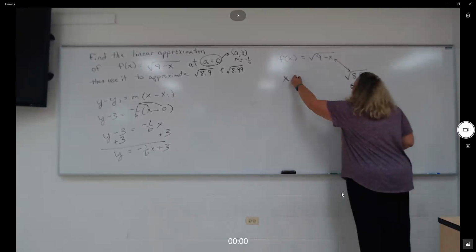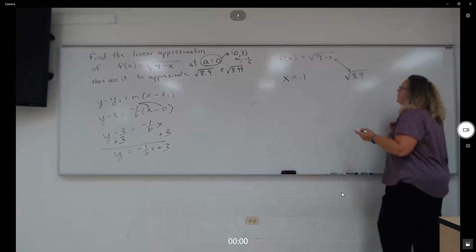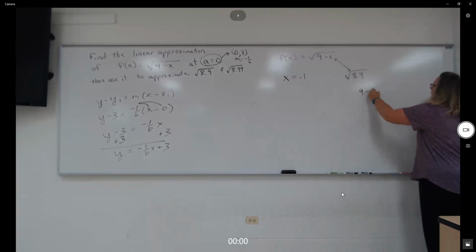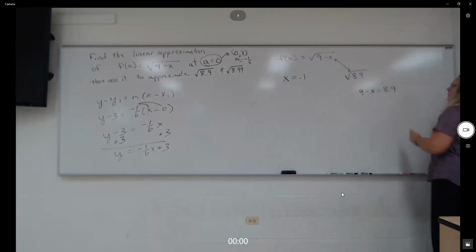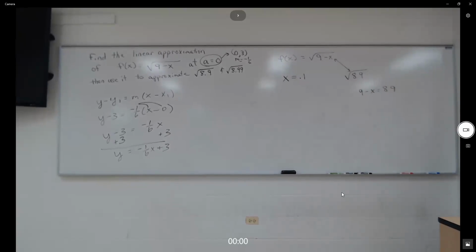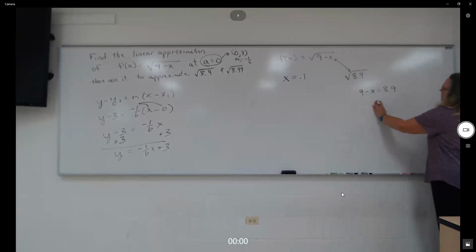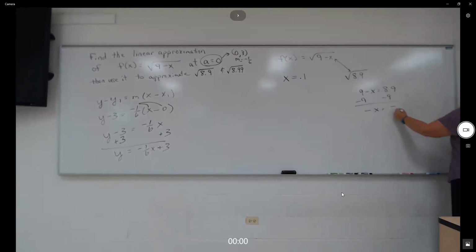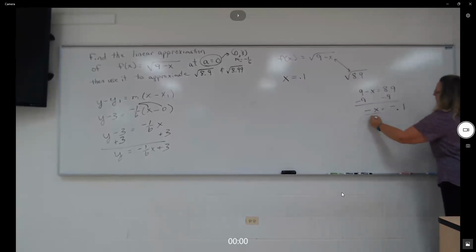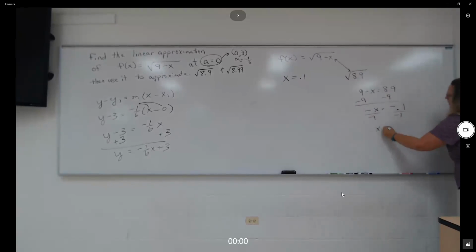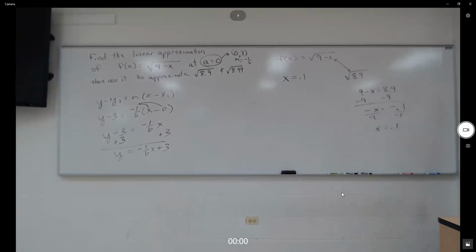Now, if you're not sure, you could say, okay, 9 minus x would equal 8.9 and actually go through it. But some of you should be able to just look at that. If not, you would set the two equal to each other. If you subtract 9, you get negative x equals negative 0.1, and then divide by the negative. But it's definitely okay just to look at it. If you want to do that as a check, you could.